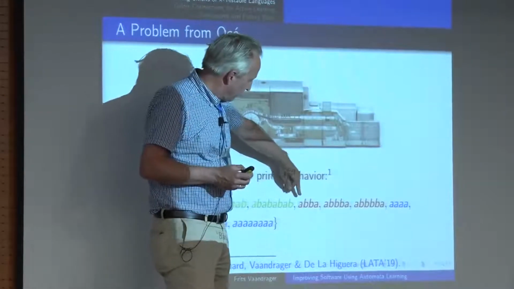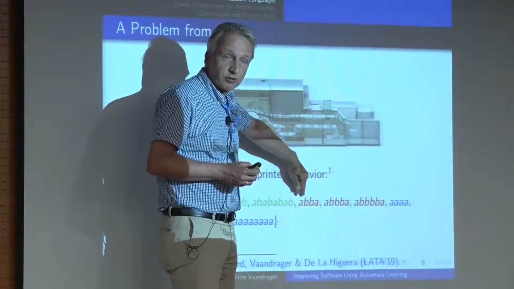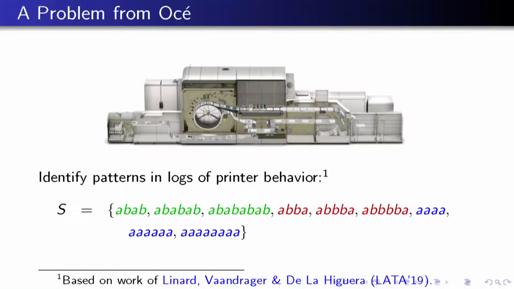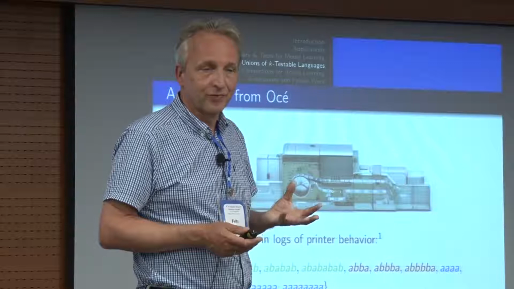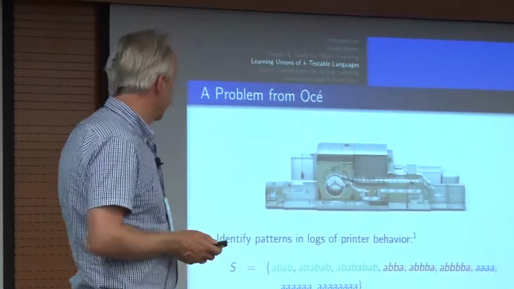Or maybe you have little books which have a front cover, then a couple of pages, and a back cover. And so what people at OC asked us is, okay, can you automatically infer those patterns? Because then based on those patterns we can optimize the working of the machine.